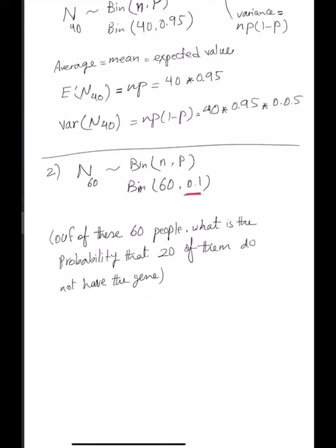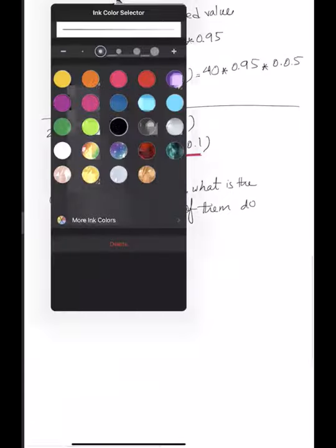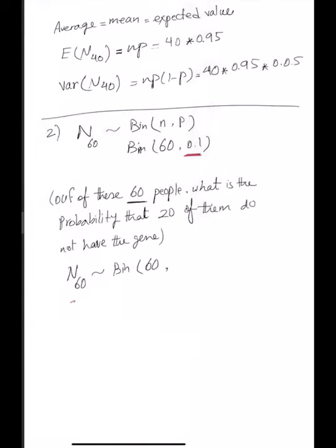If I'm asking that question, the number of experiments you have run is still 60, and it still has a binomial distribution. You have tested 60 people. However, the definition of success in this question is different from the previous one.